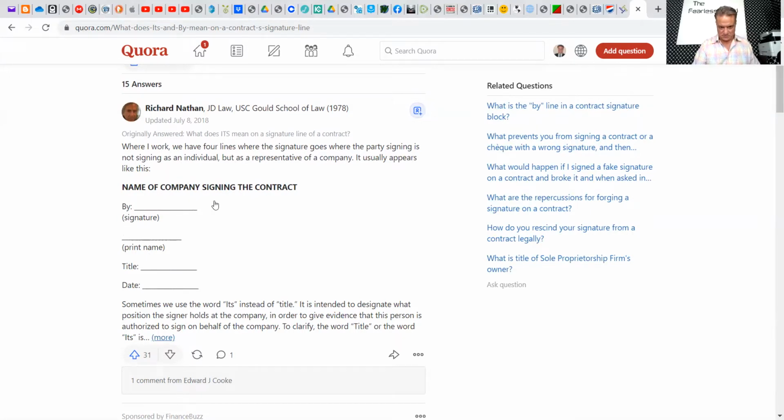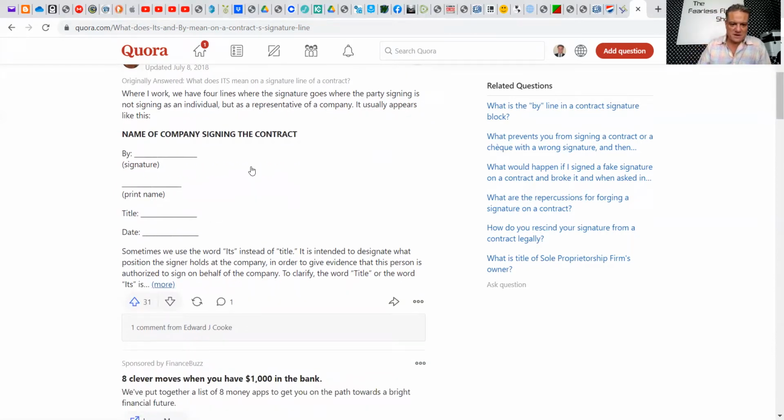This would actually be a printed name, and then you'd print it down here again. So yeah, people are so miseducated, dumbed down, and institutionalized. And then here's your title, so whatever title you retain or want to be, and then the date that you executed said signature. Sometimes we use the word "its" instead of title.